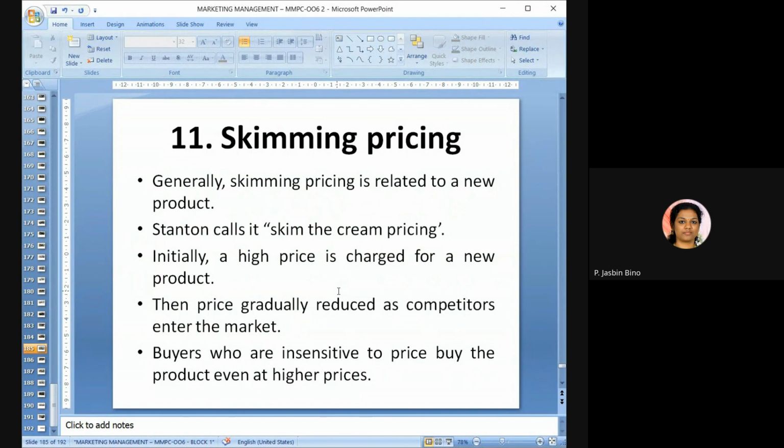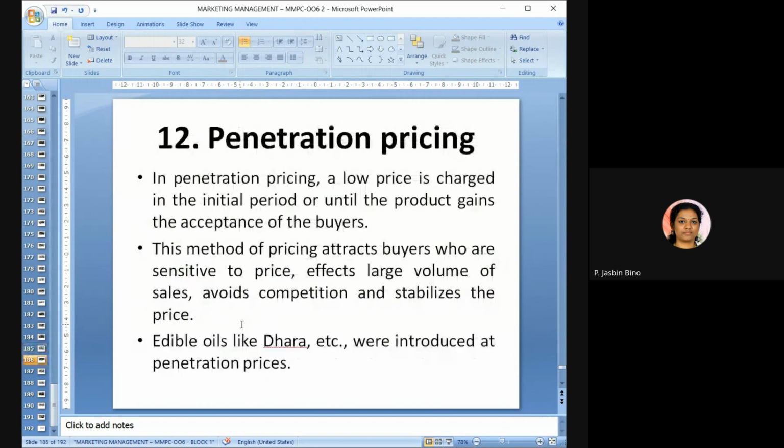When new competitors enter the market, they'll be decreasing the price of the product. This is what is skimming pricing. Then penetration pricing means when the product is introduced in the market, they'll be fixing a low price, and when competitors enter the market, or when the customers increase, normally they'll be increasing the price of the product.